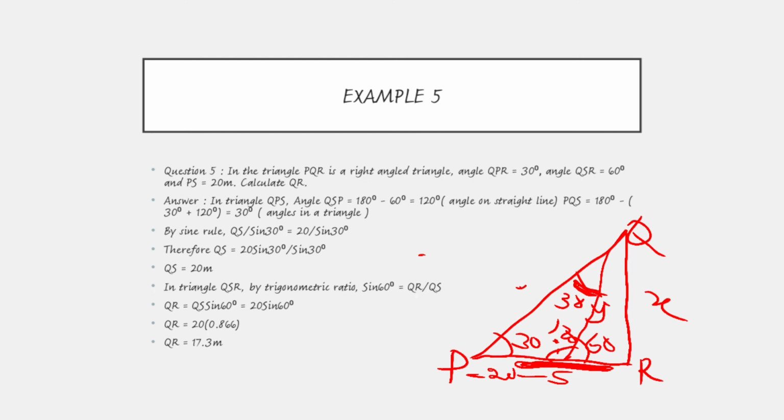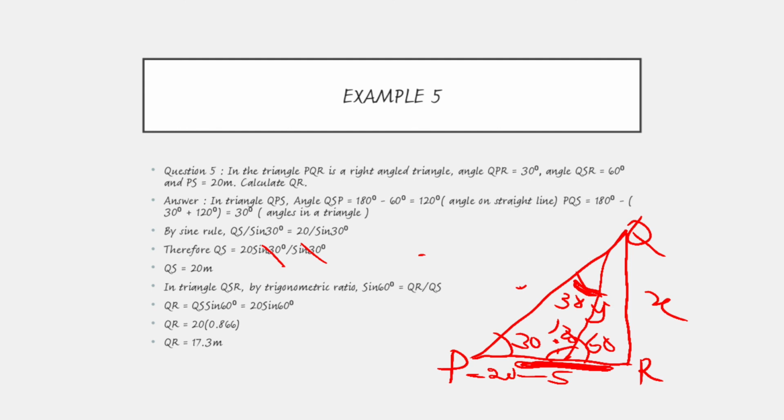We have 20 over sine 30 equals y over sine 30. If you do the necessary cross multiplication, our y equals 20, because this sine 30 will cancel this sine 30. Therefore, y, which is QS, is 20.